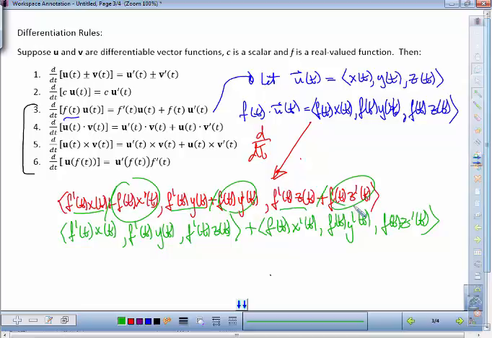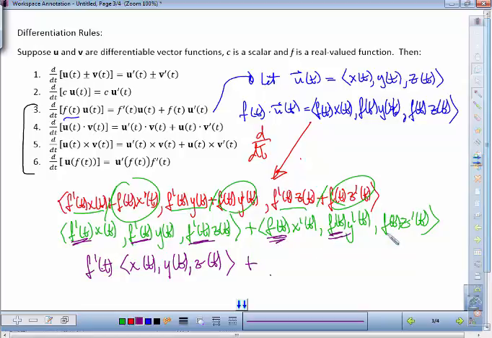So the ones in the circle are on the right side, the ones that are underlined are on the left side. If I focus on the left vector that I'm adding, I see that there's a scalar f prime of t that I can take out of this vector. So I'll take f prime of t out, and then I have x of t, y of t, z of t. And then I'll do the same thing over here. I have f of t, a scalar that I can take out.